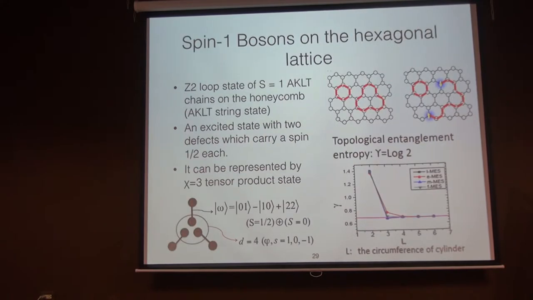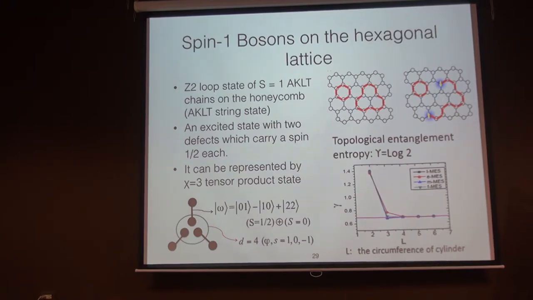So here, the example I consider is the equal weight superposition of all closed loops of the spin 1 AKLT chain on the honeycomb lattice like this. If we do not consider the internal symmetry, we know this phase is a D2 topological order on the honeycomb lattice. However, each closed loop is an S equal to 1 AKLT chain.